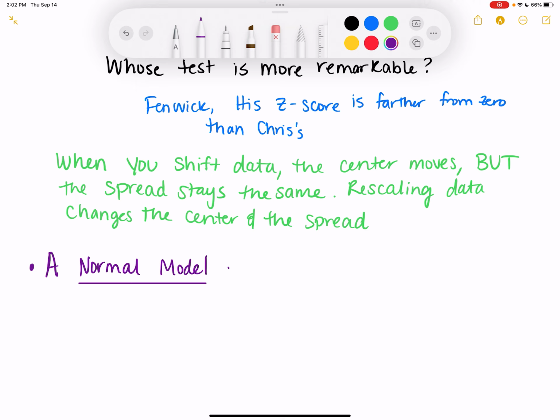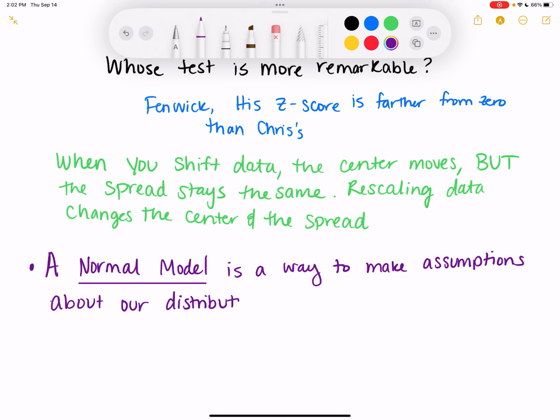A normal model is a way to make assumptions about our distribution based on the shape of the distribution.